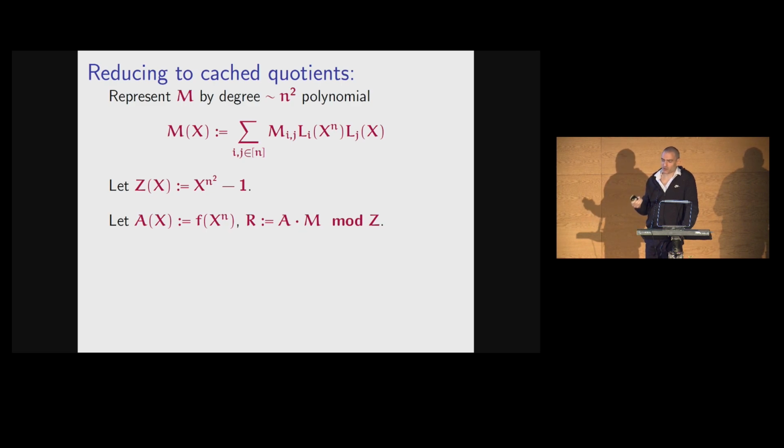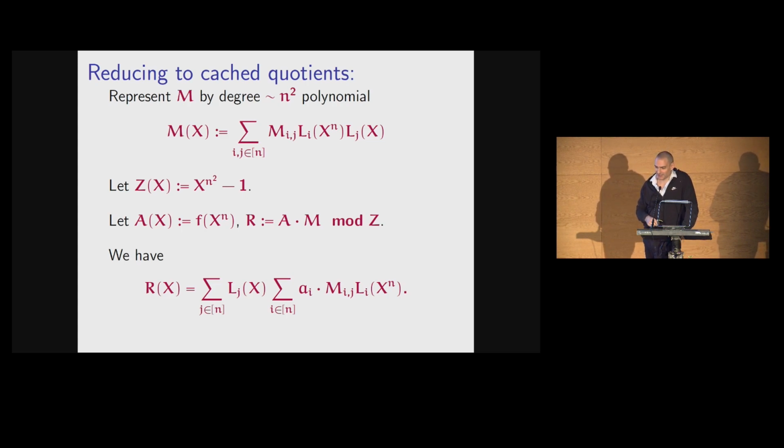So the idea is this a times m is a polynomial representation of the vector-matrix multiplication. And if you sit down with paper and pen, you can see that r is going to have this form.